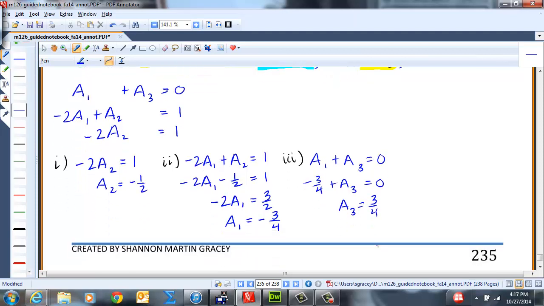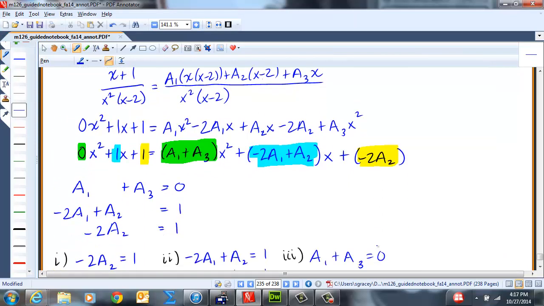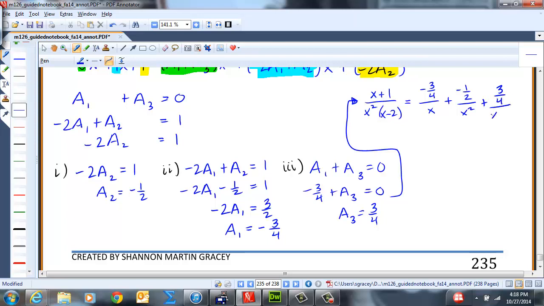So what we found out was our equation up here, (x plus 1) over x squared times (x minus 2), is equal to negative 3/4 over x, and then plus negative 1/2 over x squared, and then we get plus 3/4 over (x minus 2).